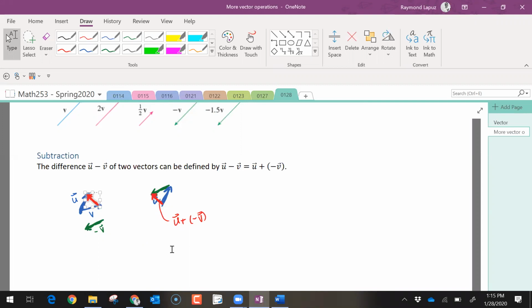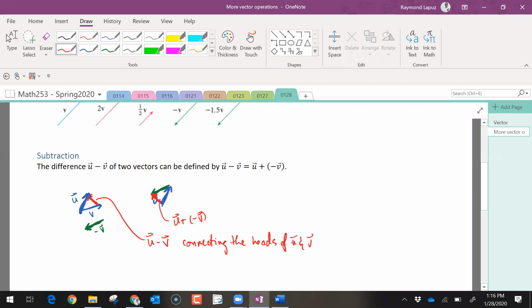So it's not a coincidence that this is actually connecting the heads of U and V. So we can think about U minus V as connecting the heads of U and V.